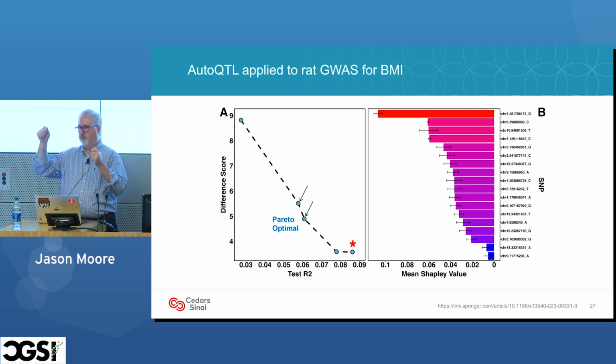Basically, the higher the value on that y-axis, the less difference there is between the training and testing score, and the less overfitting that's happening. The bigger the difference between the training and testing, the more the model is learning the training data, not generalizing to the test data.